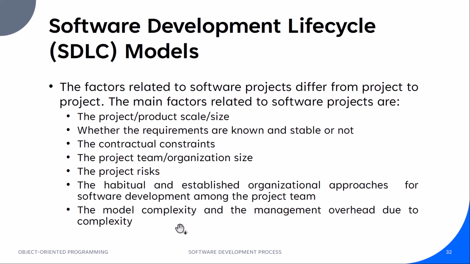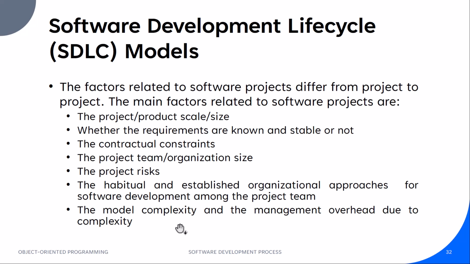Now, the factors related to software projects differ from project to project. So what are the factors related to software projects? They are the project or product size or scale, and whether the requirements are known and stable or not, because we may have some other software models that are more suitable when the requirements are changing.